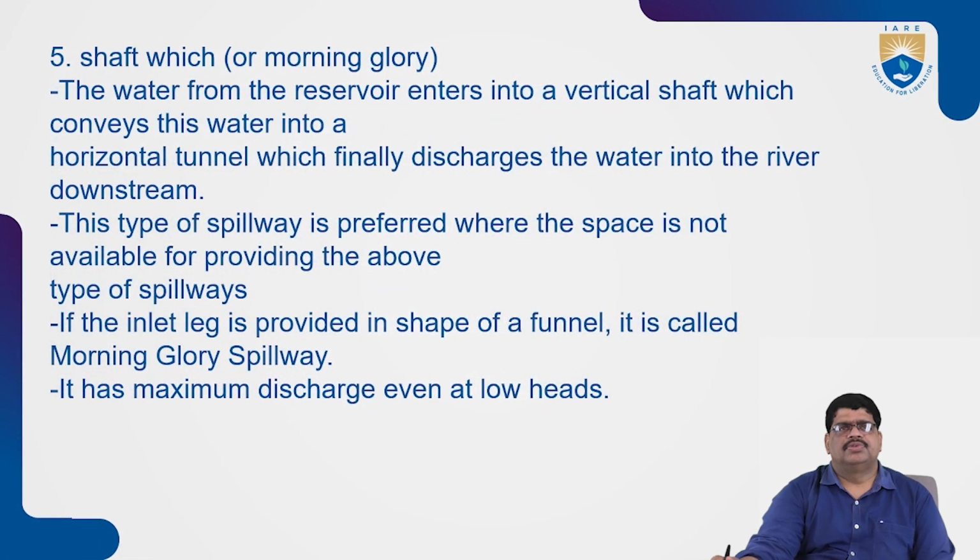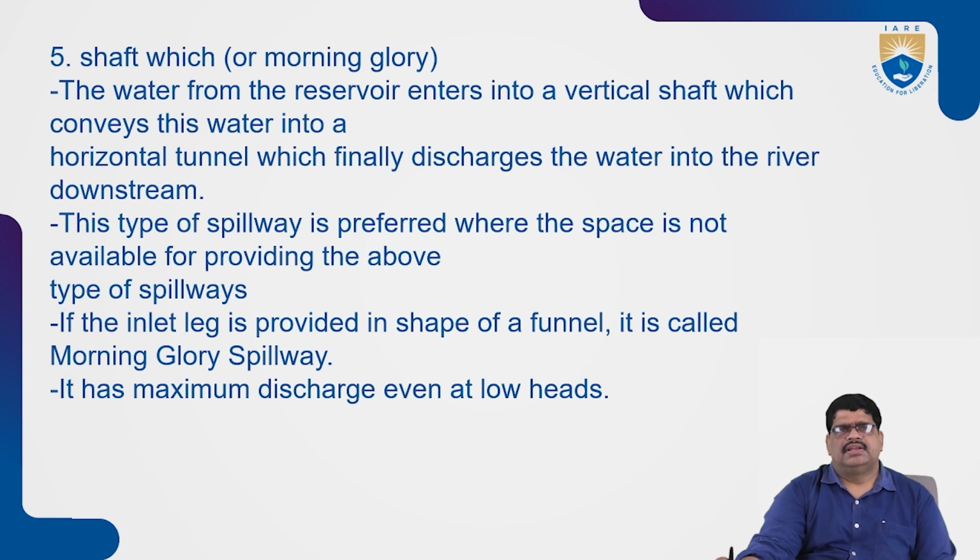Next, shaft type spillway. The water from the reservoir enters the vertical shaft and is conveyed into a horizontal tunnel, and finally discharges into the river on the downstream side. This type of shaft spillway is preferred where the other types cannot be provided.